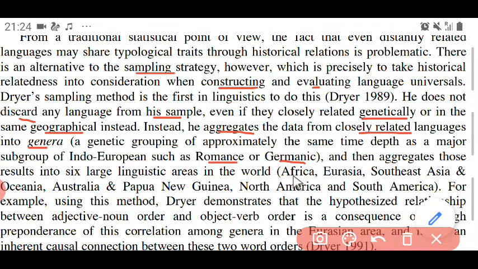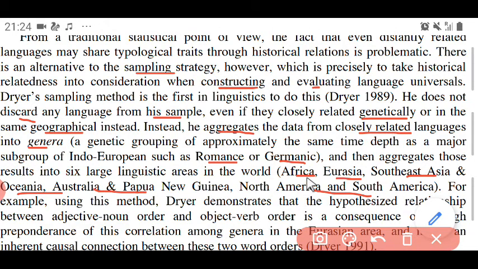That is Africa, Eurasia, Southeast Asia and Oceania, Australia and Papua New Guinea, and North America and South America.